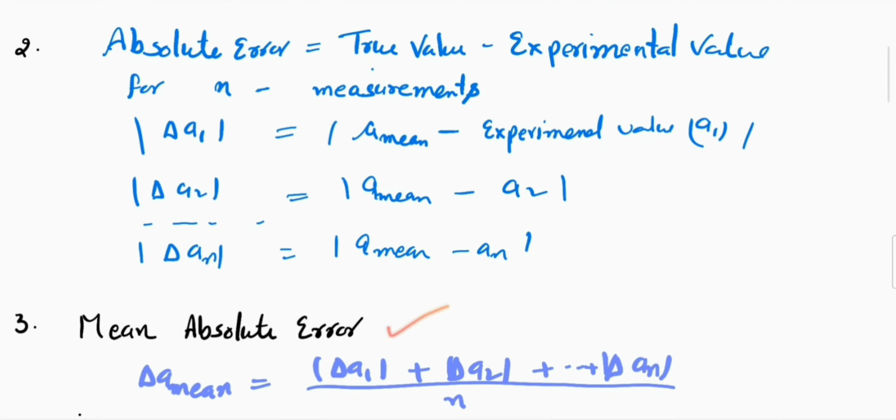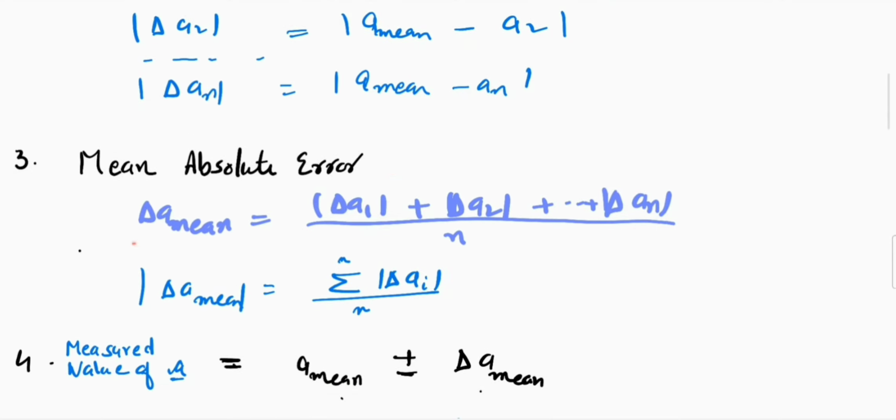Next we have mean absolute error. The mean absolute error is equal to the mean of all the absolute errors of the measurements, which is delta A1 plus delta A2, and so on till delta AN, divided by N. So we can write the mean absolute error like this also.